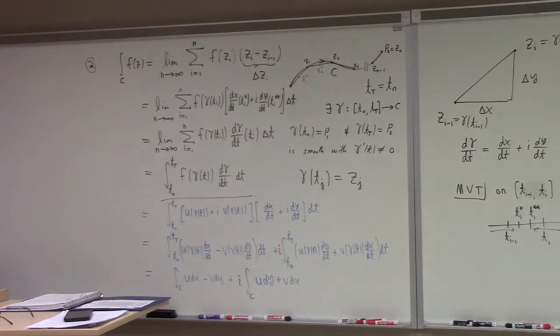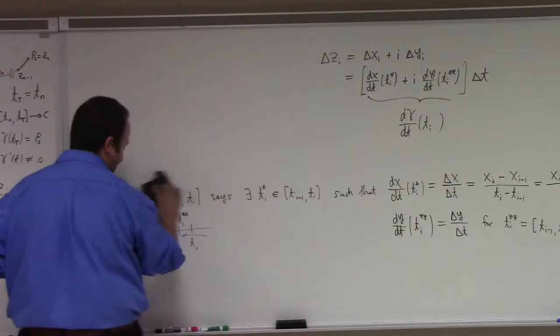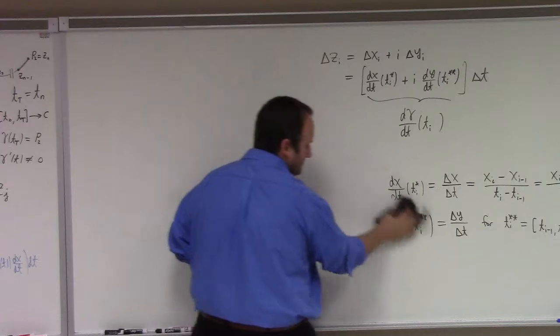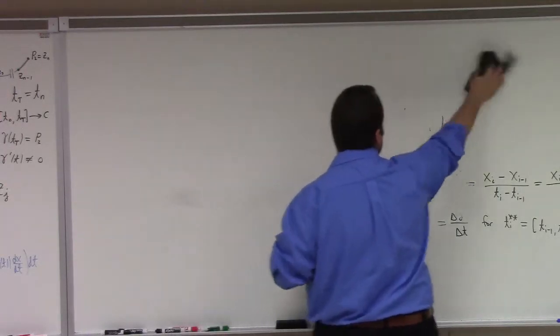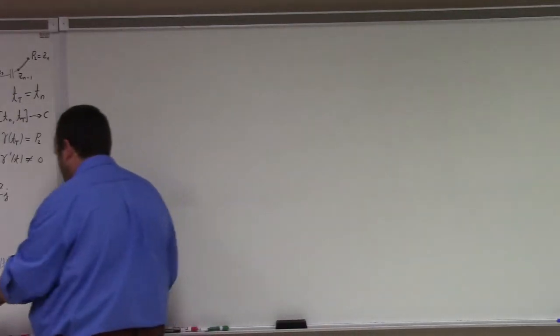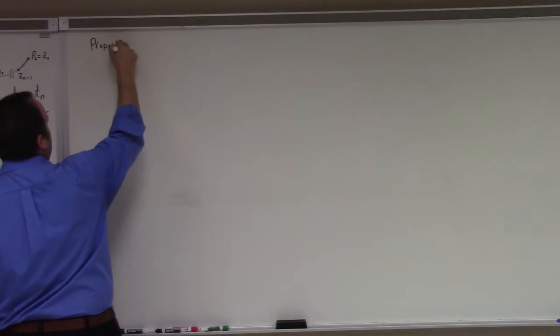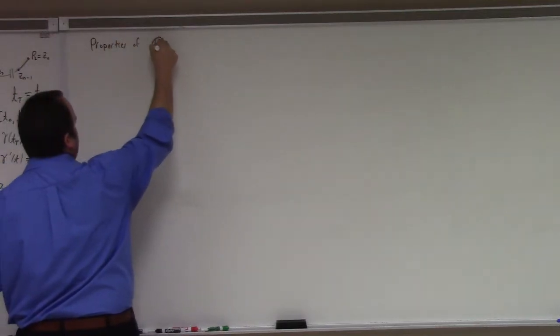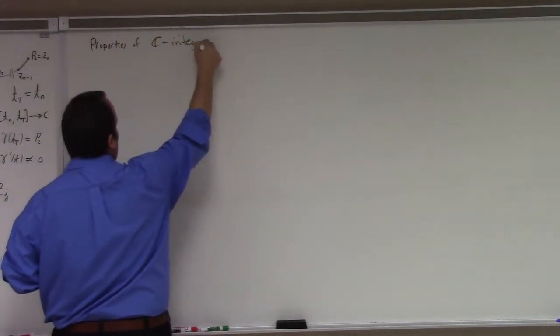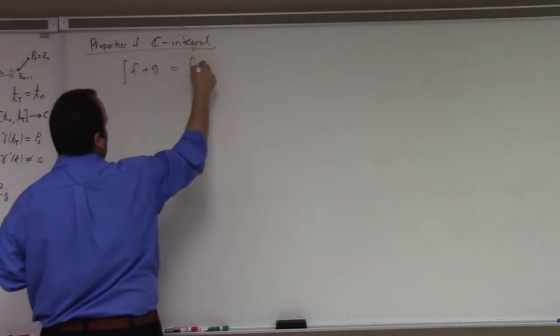So we've got this complex integral. What are its properties? What are the properties of the complex integral? Care to guess? I have a vote for the integral of the sum is the sum of the integrals.